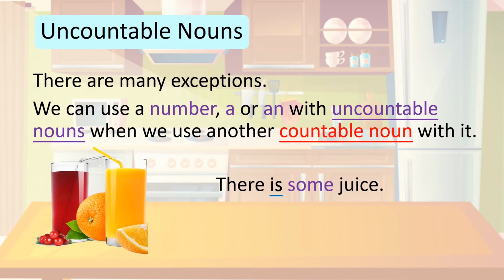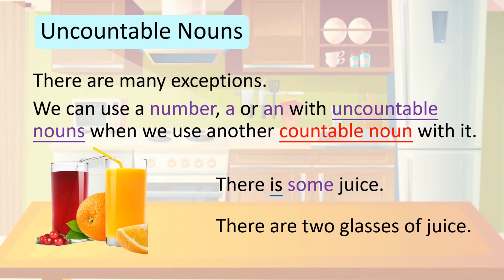As you can see, we are using the singular verb is. However, we can quantify this noun using a number if we use another countable noun such as a glass. We can say there are 2 glasses of juice. Here we're using the plural verb are because we are counting the number of glasses, which is a countable noun.